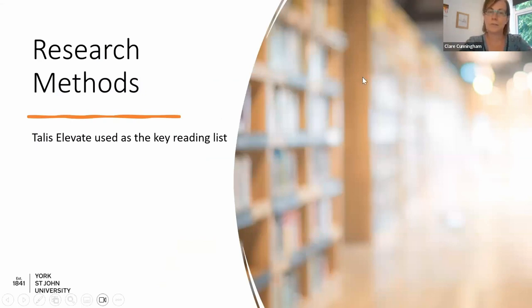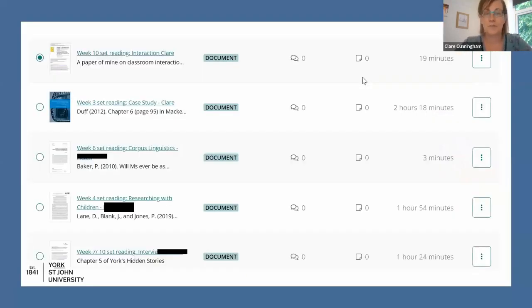So on my master's module, Research Methods in Linguistics, I actually just use Talis Elevate as a key reading list. So for each week there's a set reading and I just pop it on Talis Elevate and nothing happens. People read it, it's fine. People are spending some time in it.